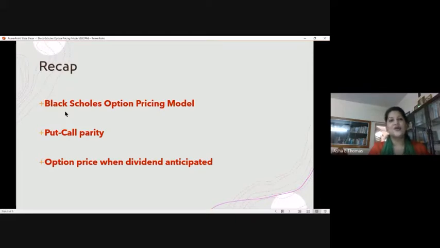In that case, we can go with put call parity, which is a simplified version of the Black-Scholes option pricing model. These were the first two parts which we learned in today's class theoretically. Tomorrow we are going to solve that practically.